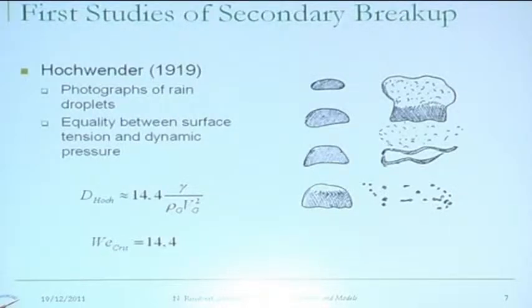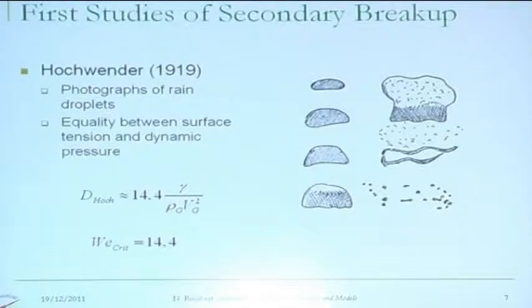He took photographs of rain droplets, and then he drew this picture from the photograph. Here you can recognize what is called a bag breakup. First, you have the drop which is flattened, and then you have an instability, and then the bag is created, the bag breaks, and then the ring is breaking.